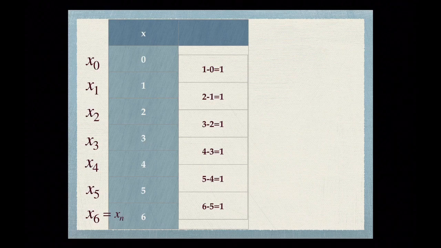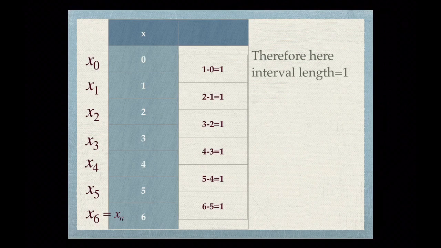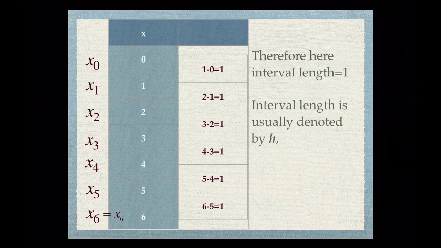All these values are 1. So we can observe that everywhere the interval length is 1. Here the interval length is 1, and interval length is usually denoted by small h.